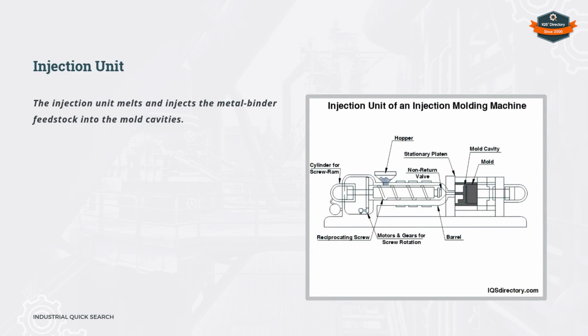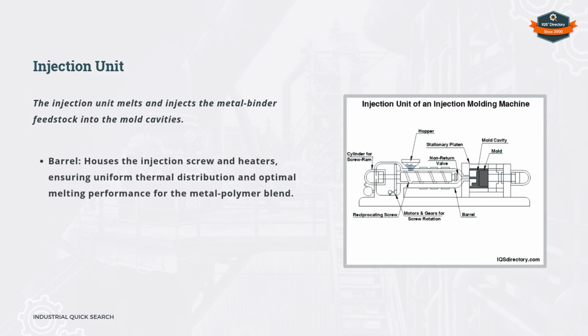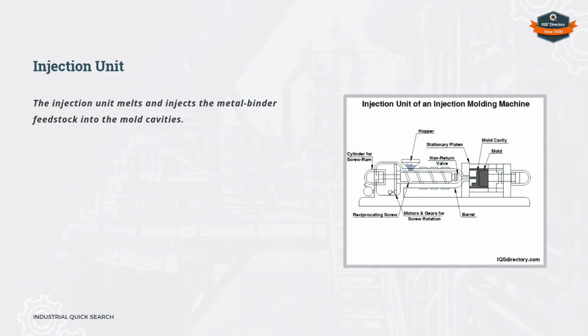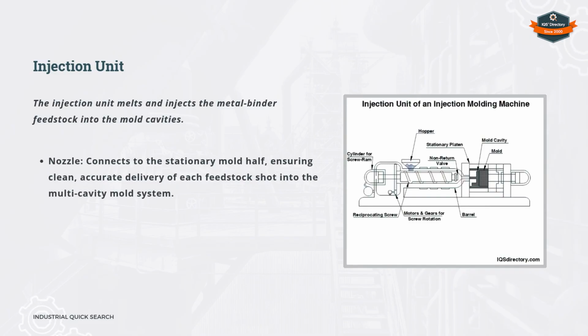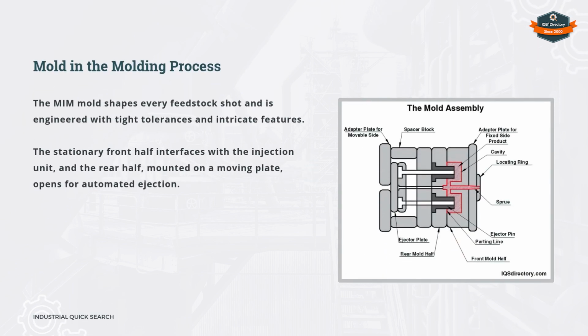Its main components include hopper, barrel, injection screw, nozzle, mold and the molding process.